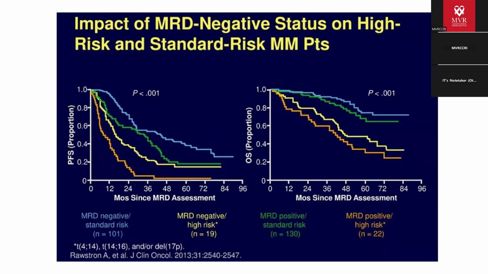Definitely, MRD negative standard risk patients have better progression-free survival and overall survival than MRD positive standard risk. And MRD negative high risk, the yellow line, compared with MRD positive high risk, the orange line, comparatively the MRD negativity has better overall and progression-free survival.